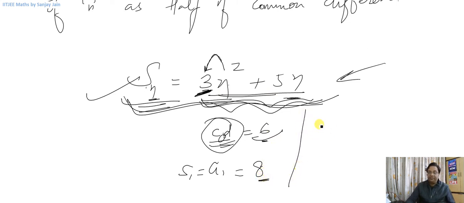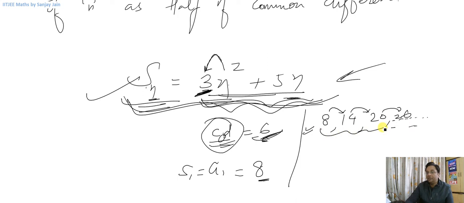So the AP that I am talking about is 8, then I'll add 6, 14, add 6, 20, and so on. Whenever you write a sequence, you have to write at least 3 terms so that the pattern after that is clear, right? Now, because I know what will be the next term, 8 plus 6, 14, plus 6, 20, plus 6, 26. So the pattern is clear after you write the first 3 terms, right?